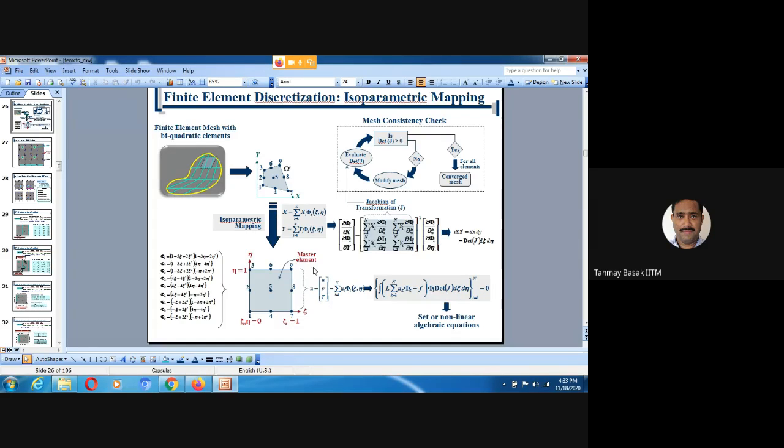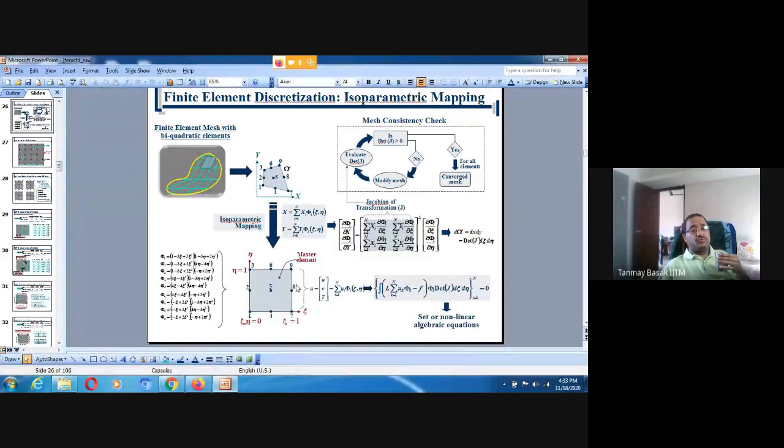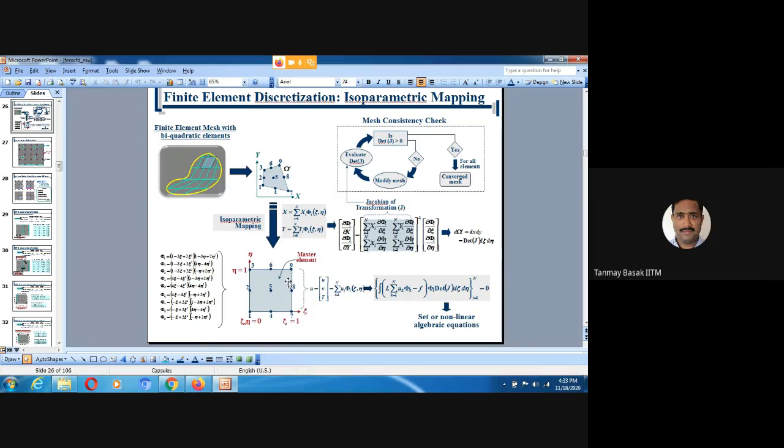So the isoparametric mapping uses whatever basis function we have used for the velocity and temperature; the same basis function you have to use for x and y to generate this type of mesh. The advantage is that we all know how to do the two-dimensional integration, and a double integral in a square domain can be easily done.